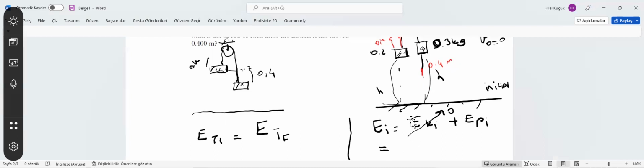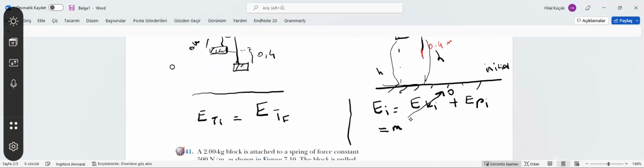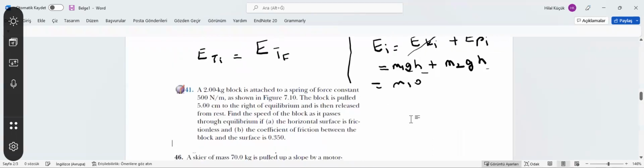Maybe I need to write the formula first. m1gh plus m2gh, because their height is the same, you can write it like that: m1 plus m2 times gh.